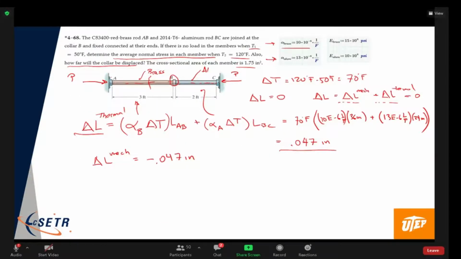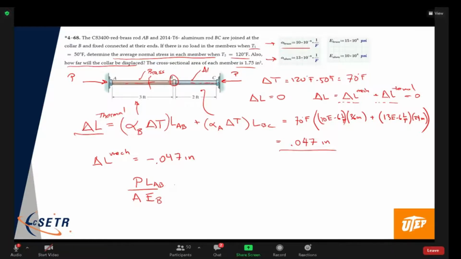So the elongation or the compression of the brass section, remember, it's going to be PL over AE, right? And in this case, L is the length AB, and E is going to be the E of brass.